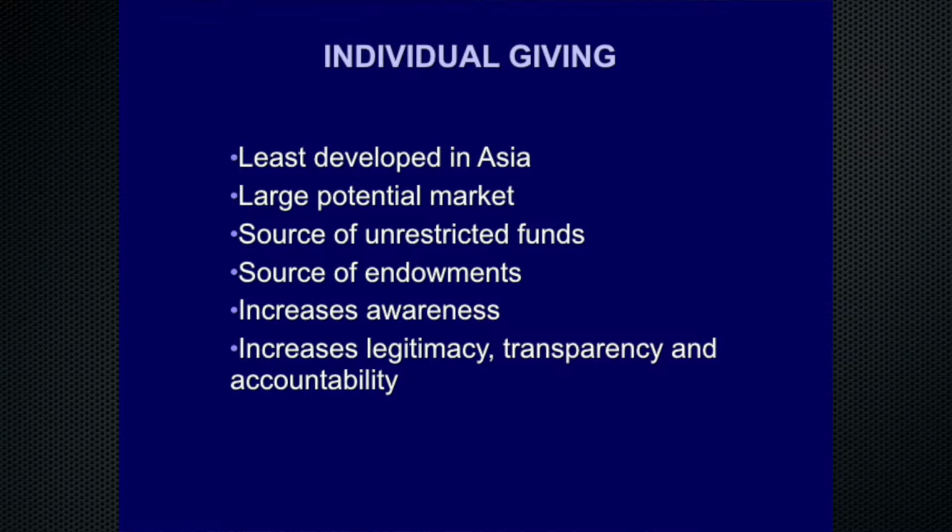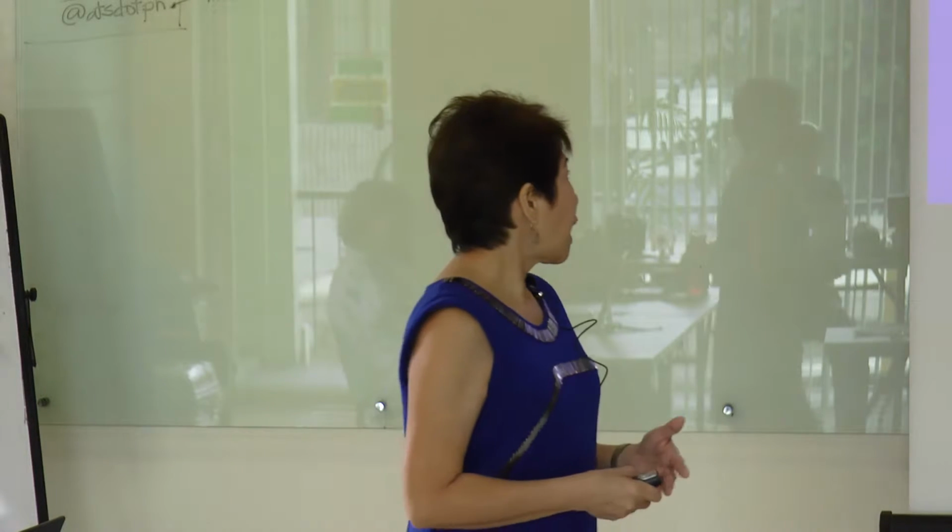It's a source of unrestricted funds because when individuals give, they don't just say, okay, this is for a certain project, they just give to your organization for whatever use the fund will be used for. So it can also be a source of endowment.